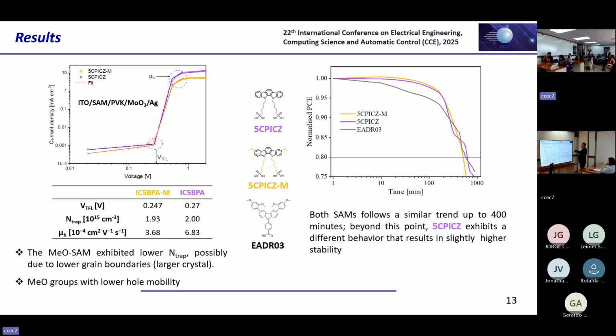But most important here is to demonstrate they have a similar stability to the reference SAM. This SAM, in optimal conditions, reports very high stability of about, I don't remember, maybe 1 month. So this is the main idea from this plot.